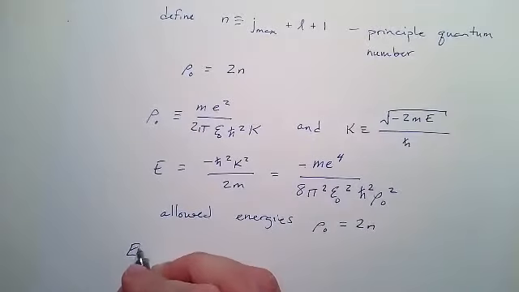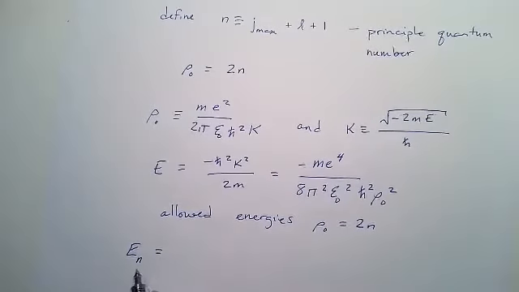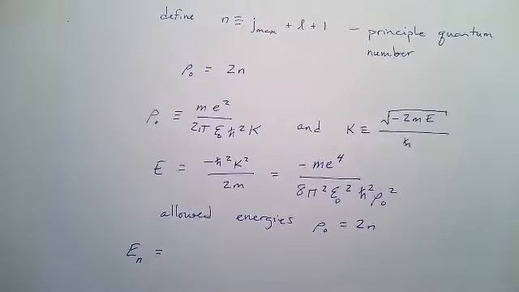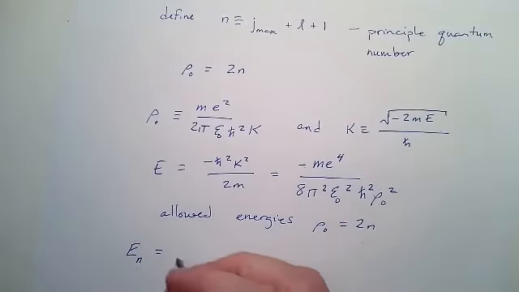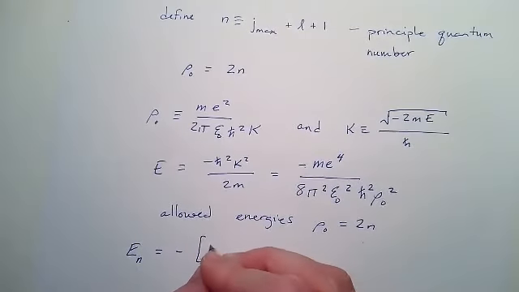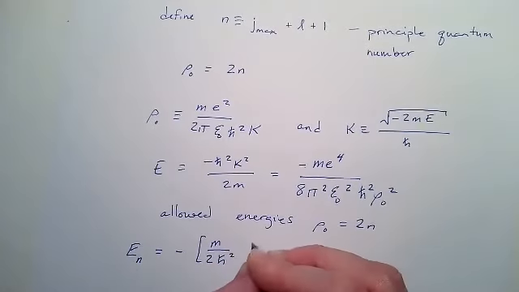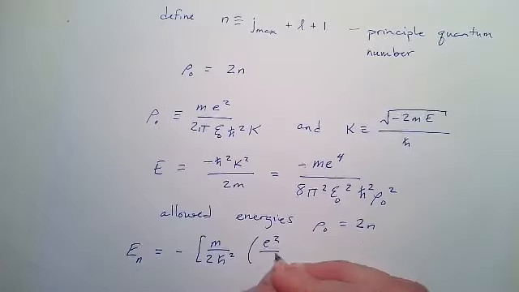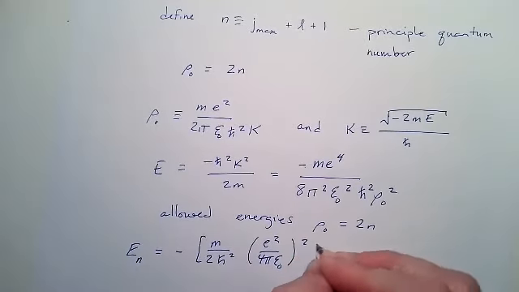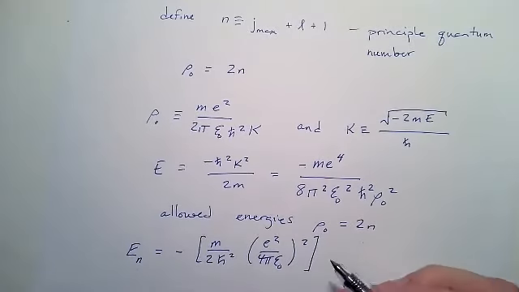And so our allowed energies that we're going to denote with the subscript n, that has to do with our principal quantum number, are going to be negative m over 2 h bar squared. We're going to factor this so that we've got a squared there on the outside, and 1 over n squared.